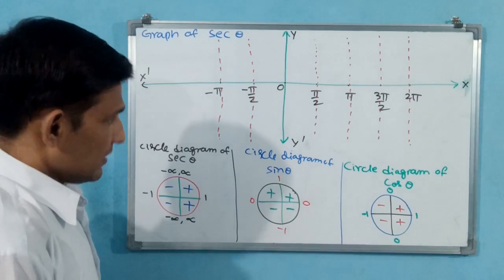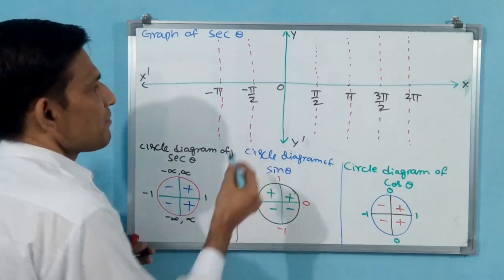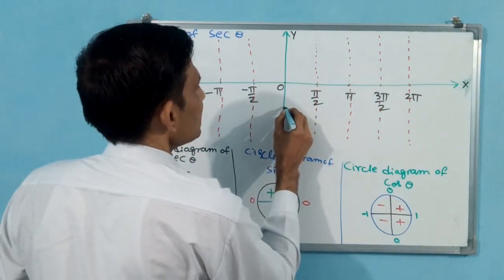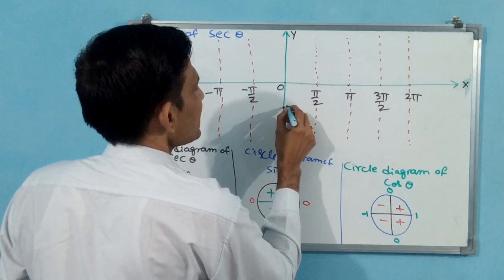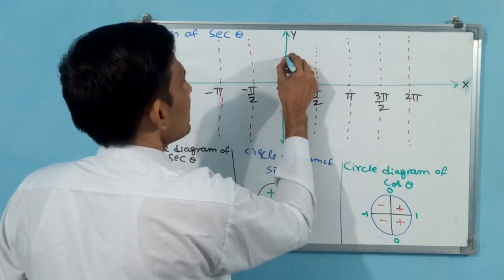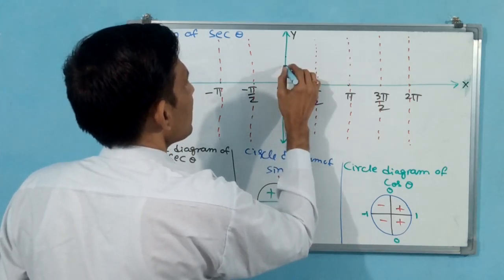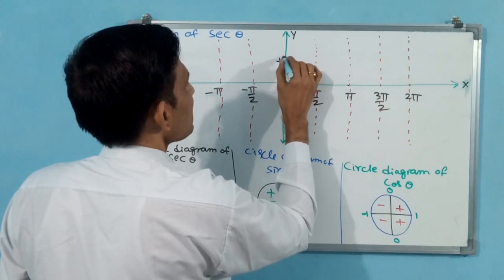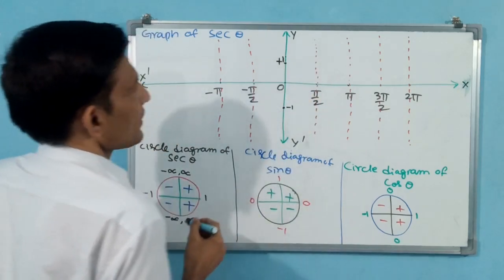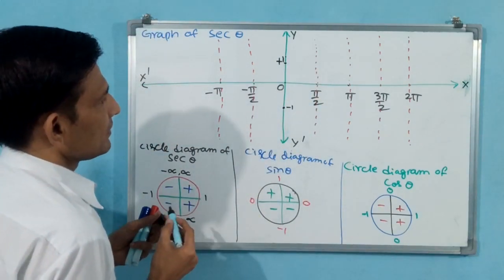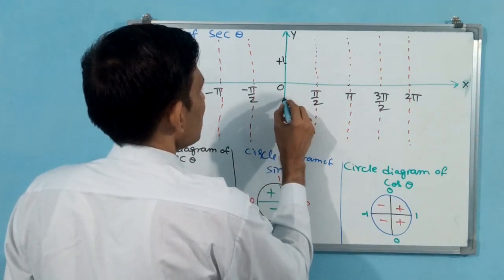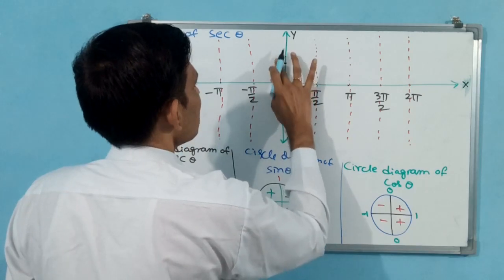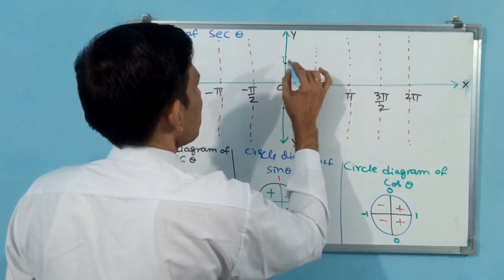Now what I do, plus 1 and minus 1. Let us take this as minus 1, and this is plus 1. Or else we will take a little bit inside: this is minus 1, this is plus 1.